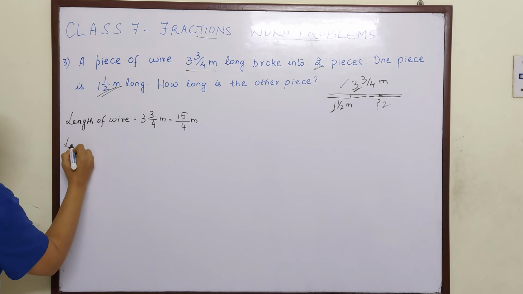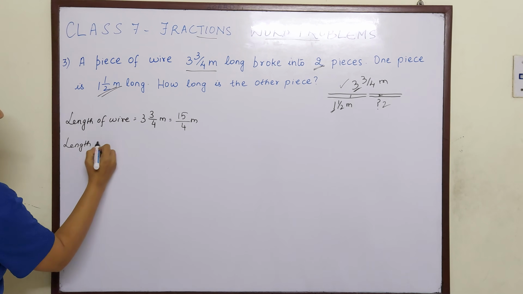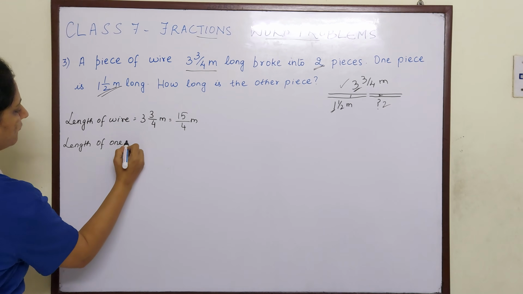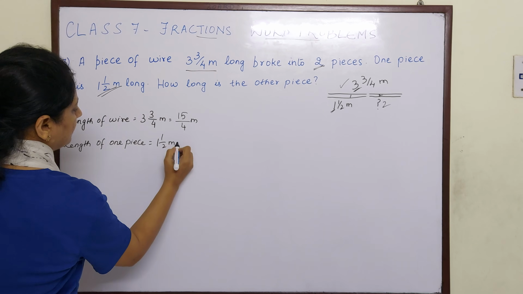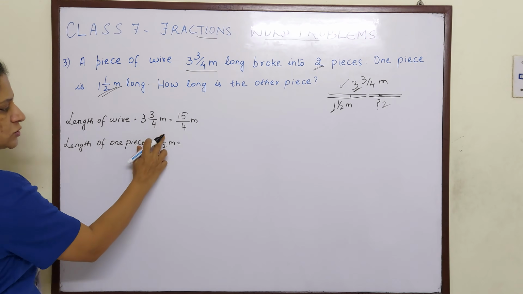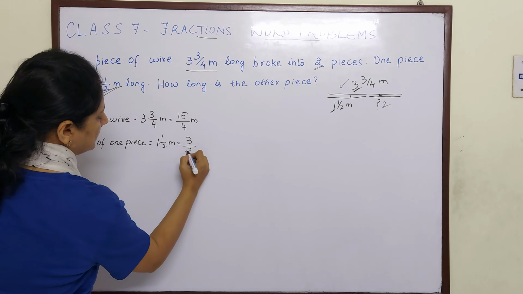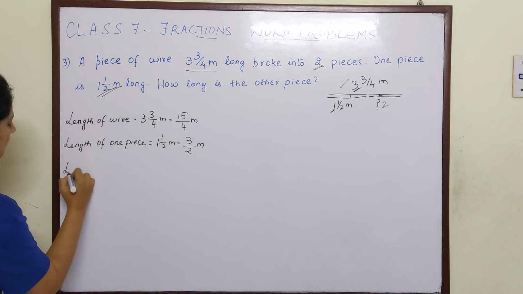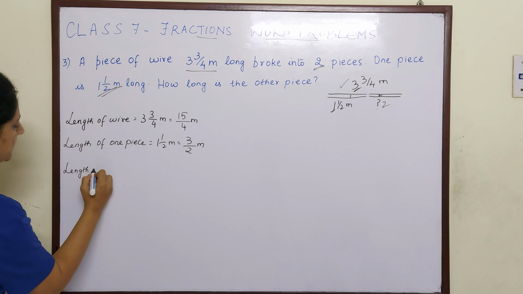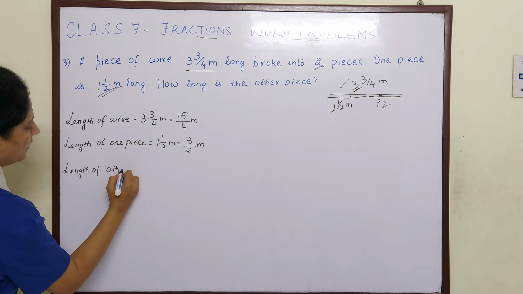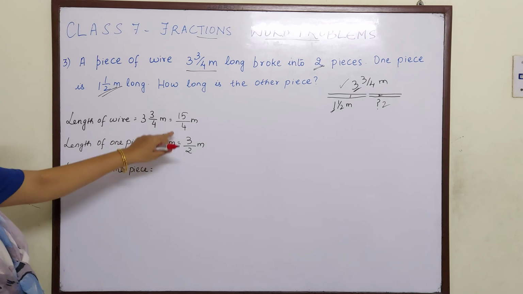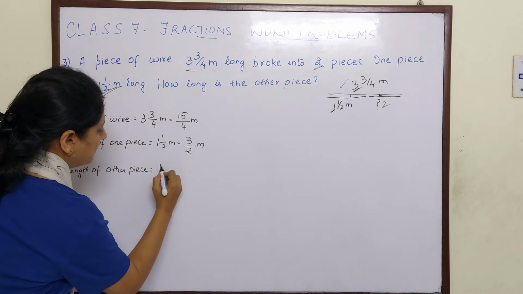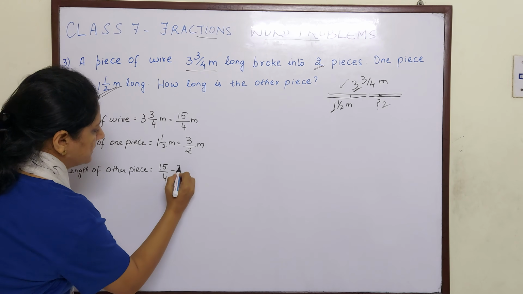And the length of one piece, because it is broken into two, is 1.5 meter, which is 2 ones are 2, 2 plus 1, 3 by 2 meter. Therefore, what will we do to find the length of the other piece, children? We will subtract from the greater number, 15 by 4 minus 3 by 2.